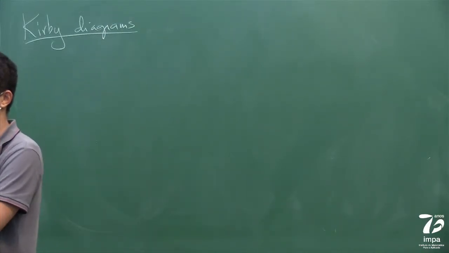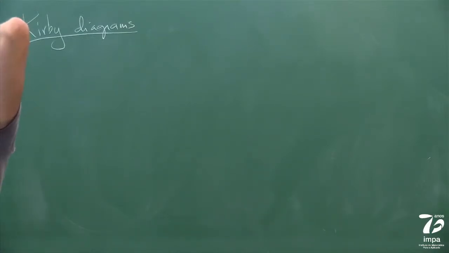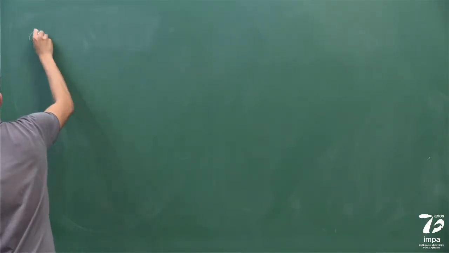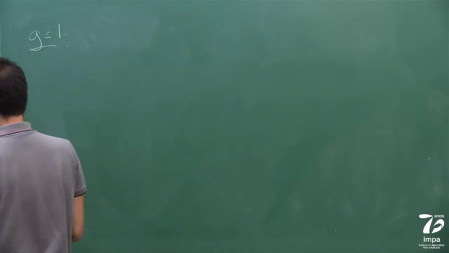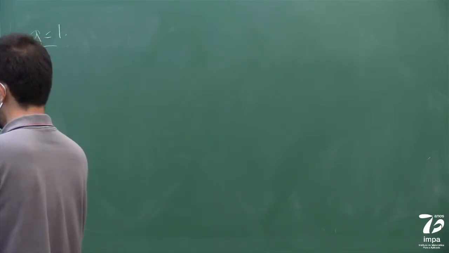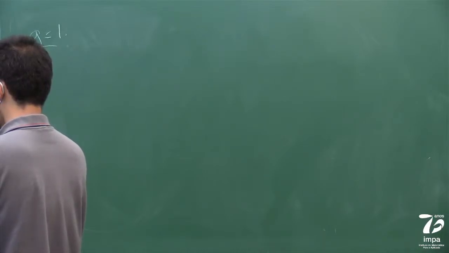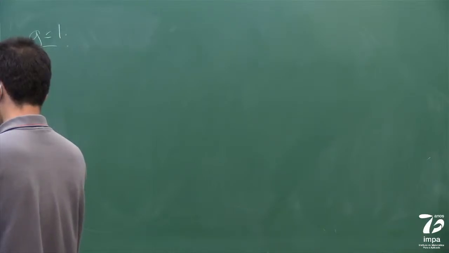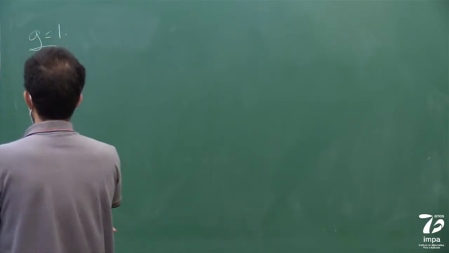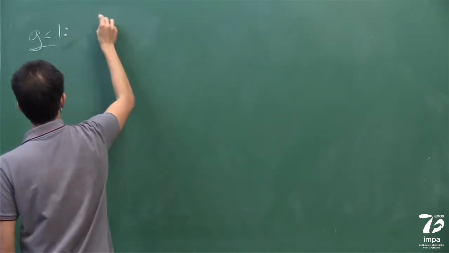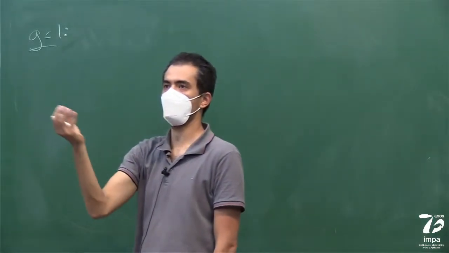So this is actually an exercise that if G equals 1, then you obtain all the lens spaces. If G equals 1, you just have to pick one curve on NG.